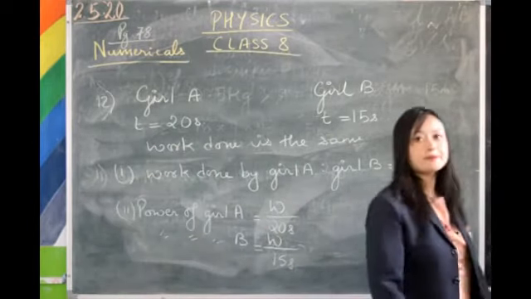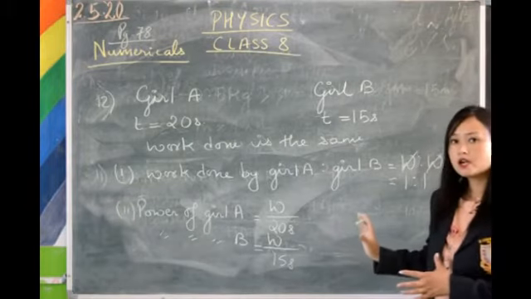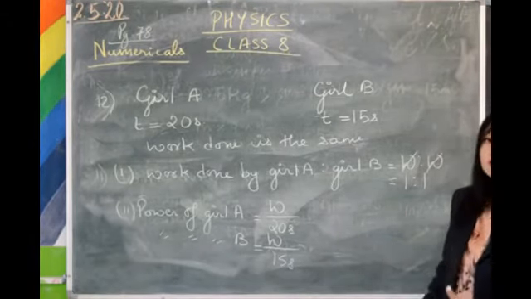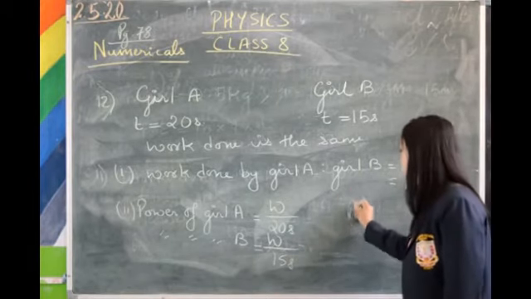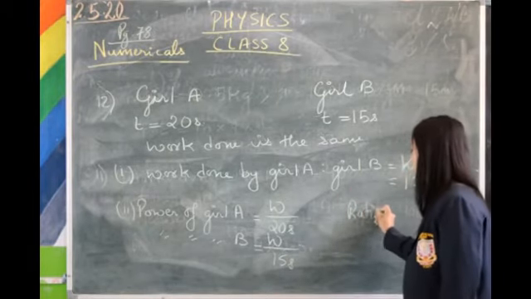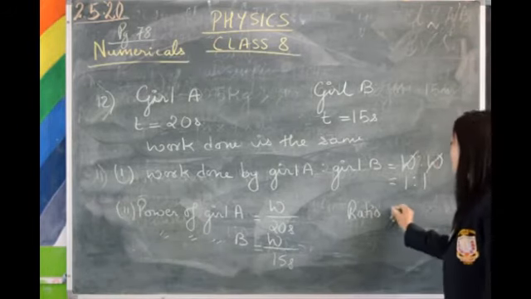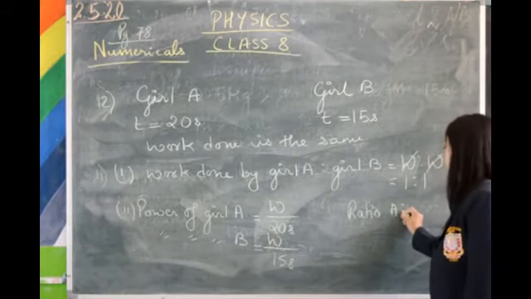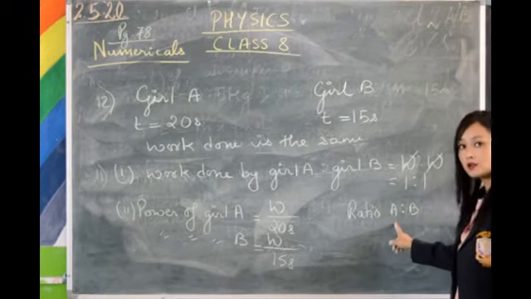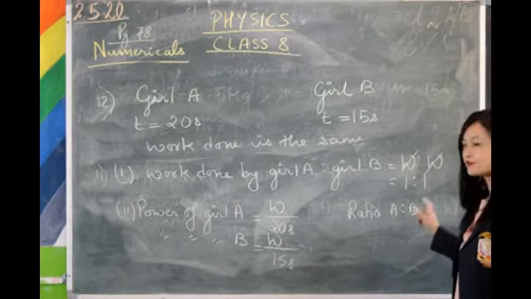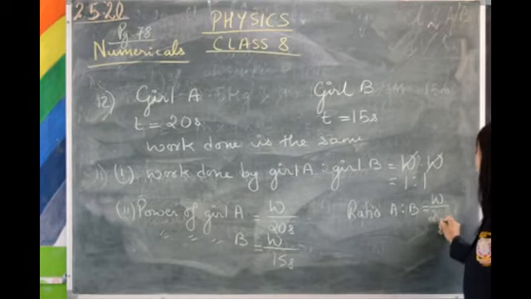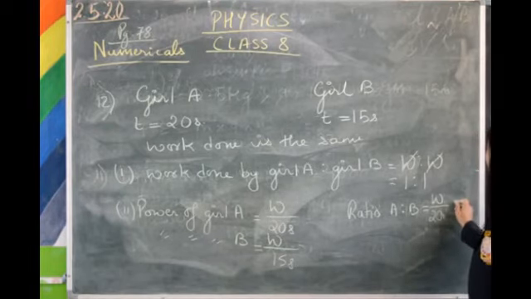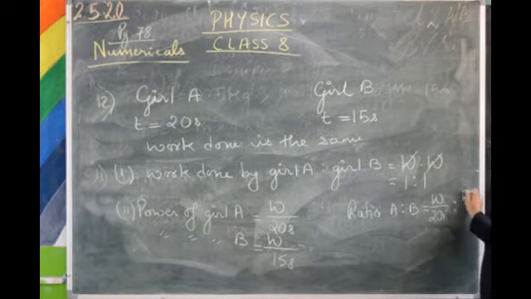If we are comparing them, we are finding their ratios. So what will be the ratio for A is to B? That is, the power of girl A is to the power of girl B, which means W by 20 is to W by 15.